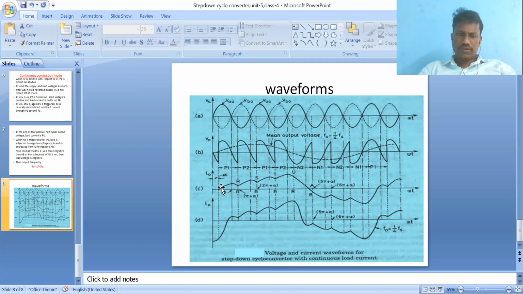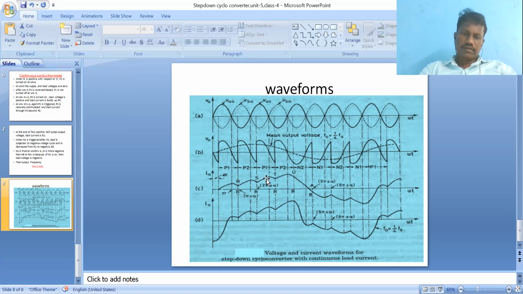Suppose P1 is in conduction mode, it starts at a minimum and rises up to R. Then applying forced commutation to the P1 thyristor, P1 comes in off state. Then applying firing pulses to the second thyristor P2, P2 comes in conduction mode. The current increases from R to S, and again P1 turns on, S to T, and again T to U. By seeing this graph, the current is increasing.